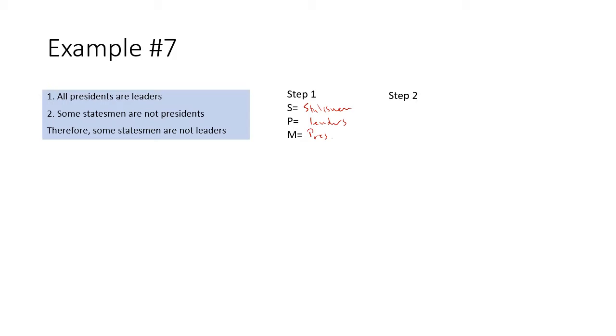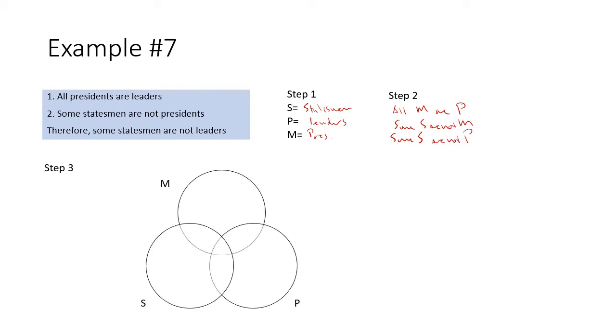So we rewrite the argument and we get: all M are P, some S are not M, therefore some S are not P. So here we have our Venn diagram.